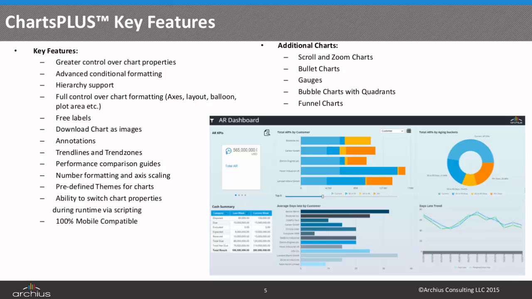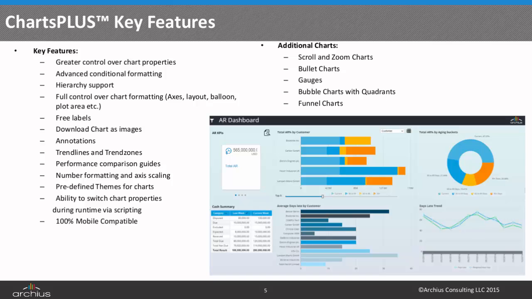But in certain cases, you run into limitations within the standard SAP chart. That's where you'll be able to use our component ChartsPLUS even with standard charts like column chart or pie chart, which is already available in the standard SAP package.